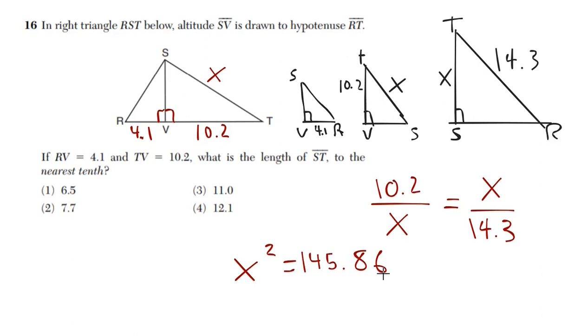And if I take the square root of that, we get x equals, now we would get a plus or a minus. We don't care about the negative here because we're talking about length. We only want the positive version. So it's roughly 12.077. If we round it to the nearest tenth, we get 12.1. So it's approximately 12.1.